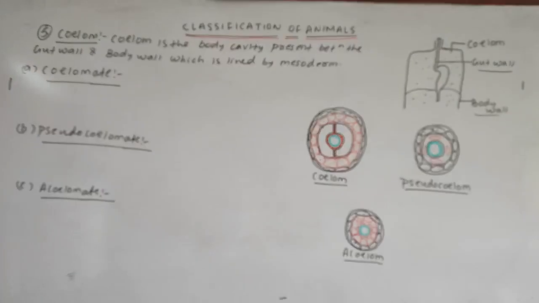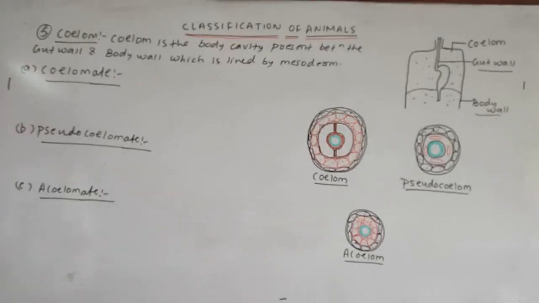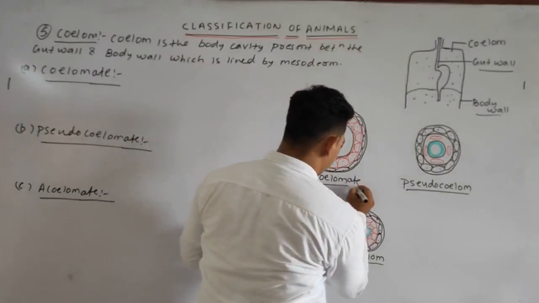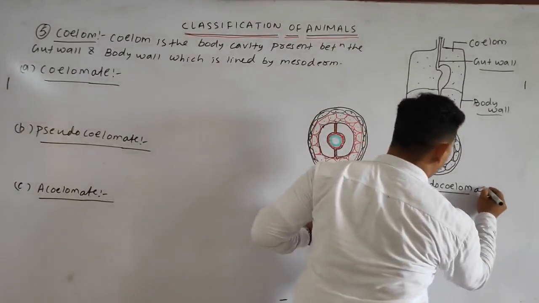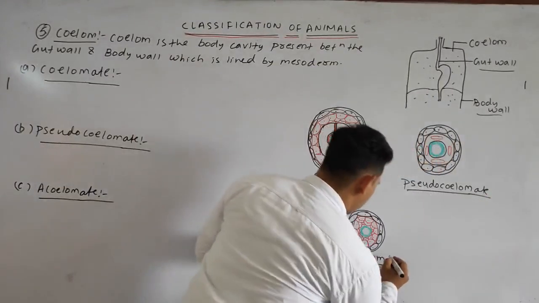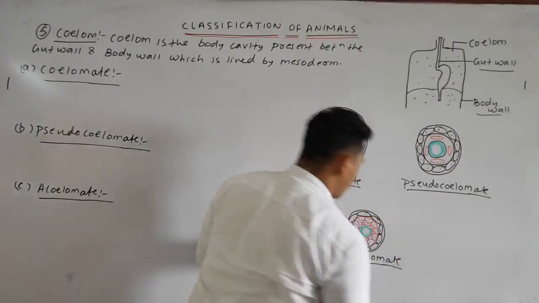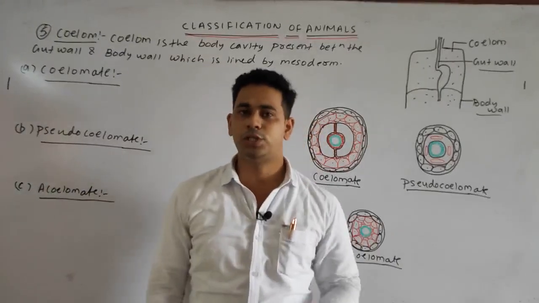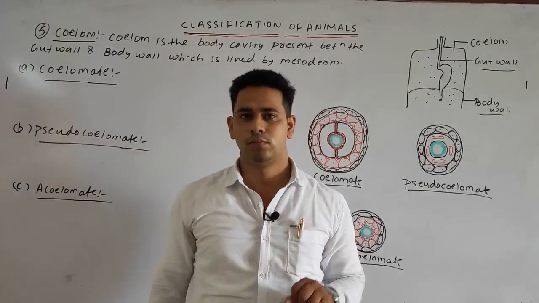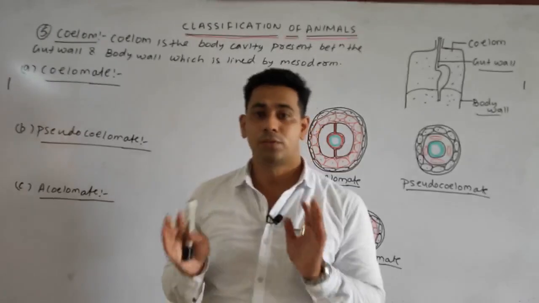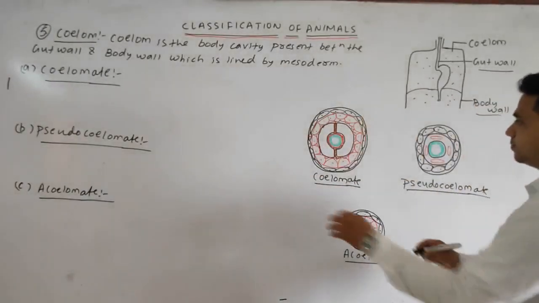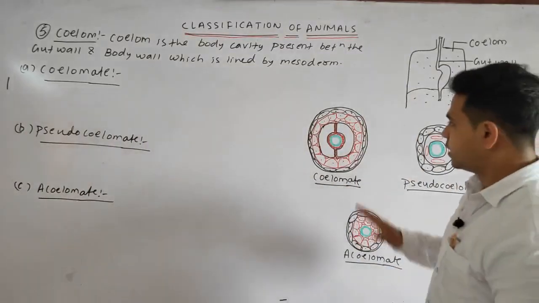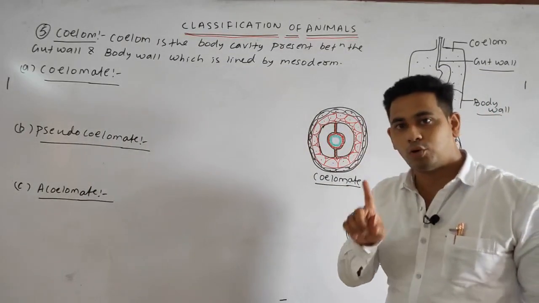Next, what is the coelomate? Come to here. This one is the case of pseudocoelomate. This one is the case of acoelomate. Coelomate means the animals which have a true coelom.